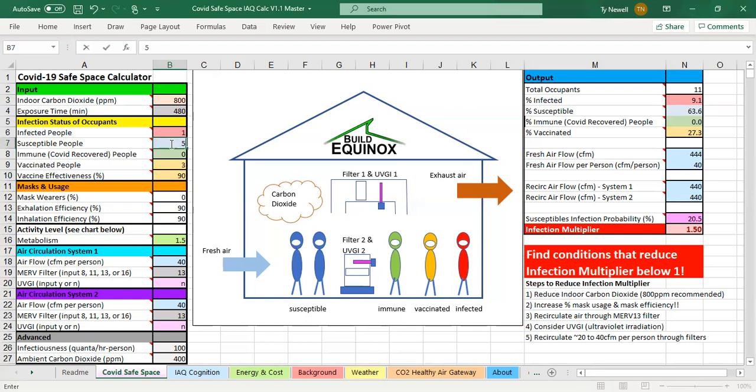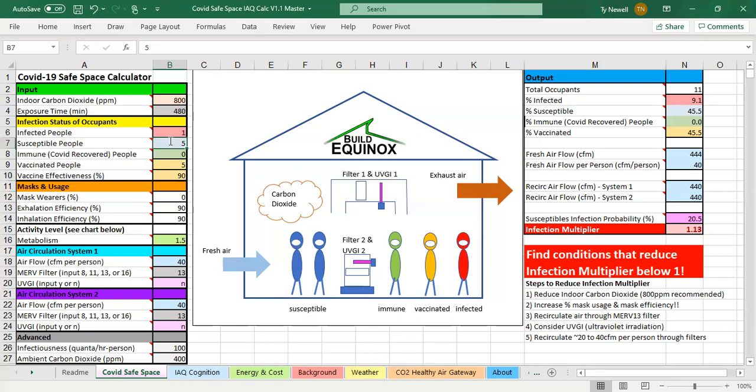Let's say now I'm where half the people are vaccinated. Now, again, I'm getting closer to getting below an infection multiplier of 1, the limit where I cross into herd immunity, but any of the susceptibles left still have a 20% chance of getting infected by this infectious person.